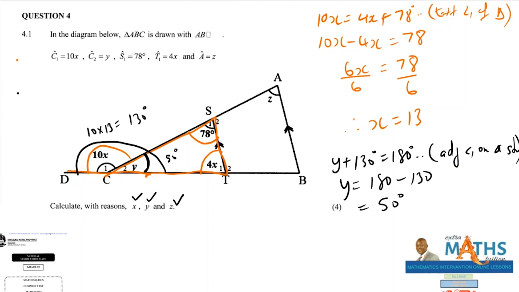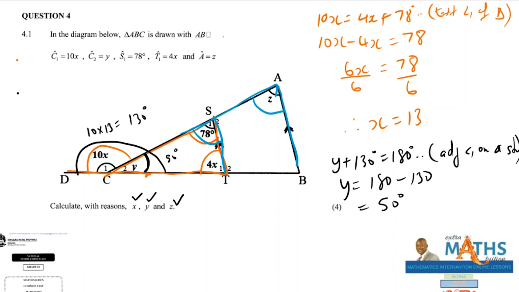Right, last but not least, guys, let us look at z now. There is z at the top. Wow, z is on this line, which is parallel to this, and I have a given angle of 78 exactly.